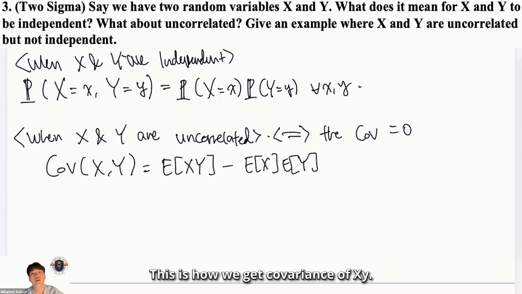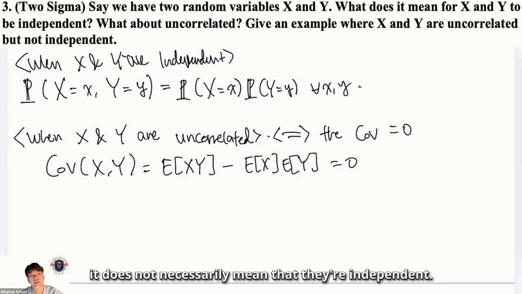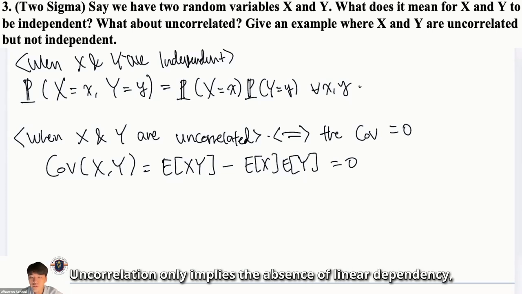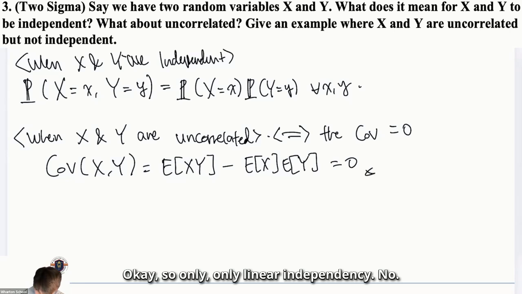This is how we get the covariance of x and y. If the covariance is 0, it means there is no linear relationship between x and y. So it does not necessarily mean that they're independent. Uncorrelation only implies the absence of linear dependency, not the absence of all types of dependency.